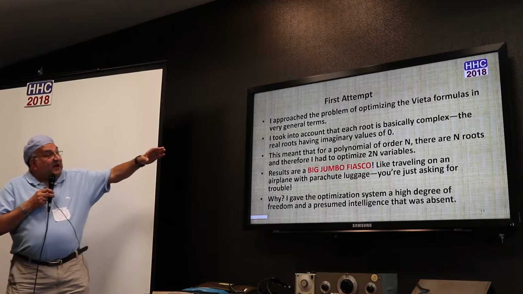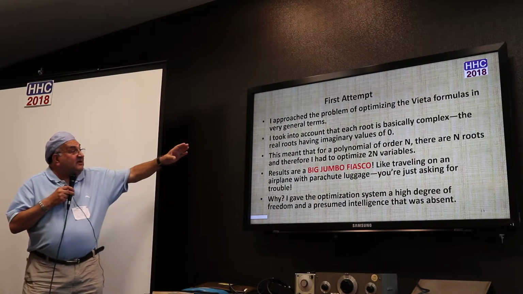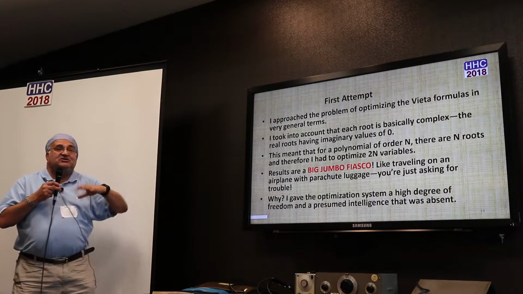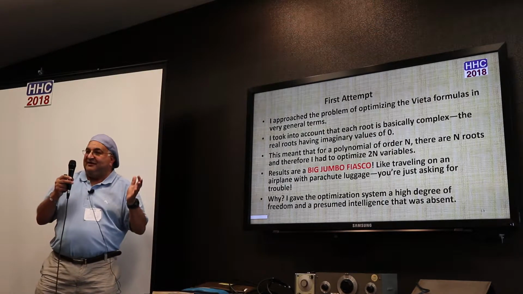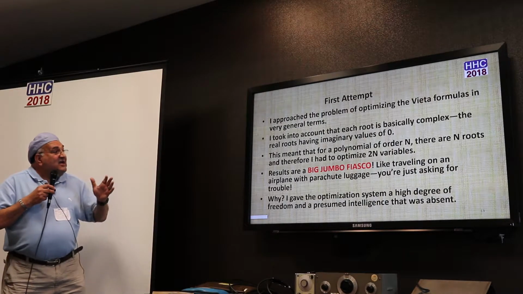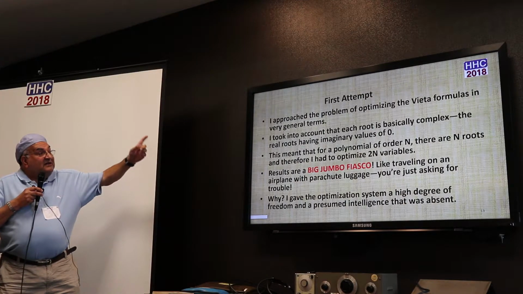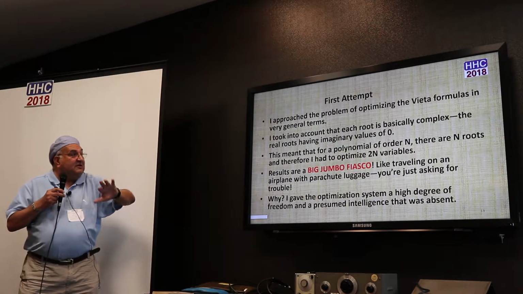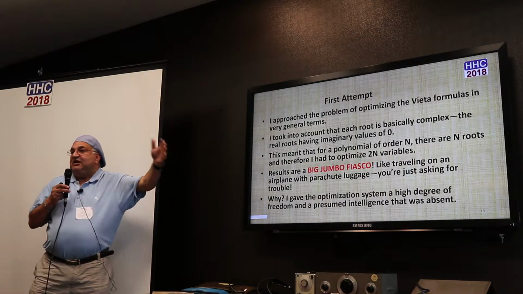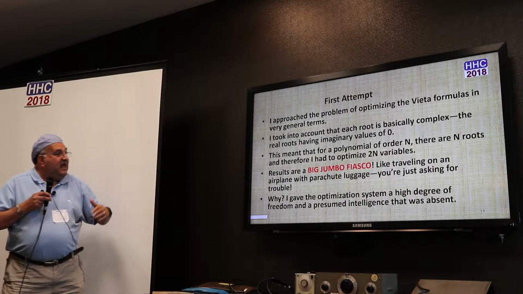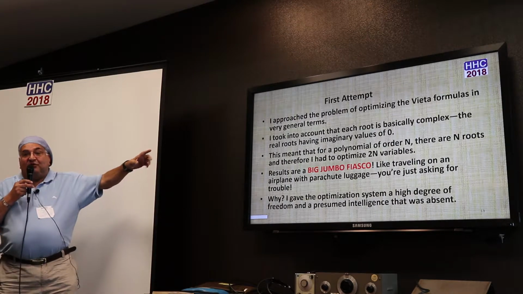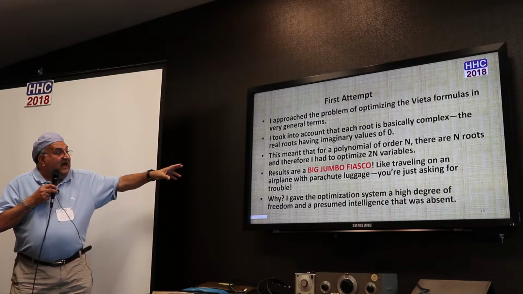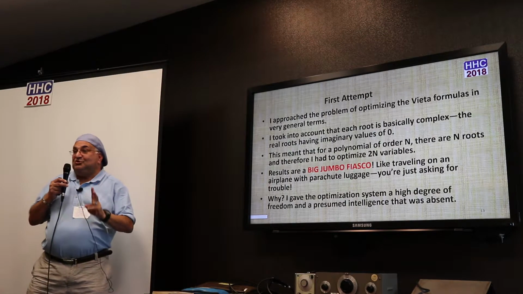So I approached the problem, optimization with the Vieta formulas, in very general terms, kind of casual, cavalier, asking for trouble. I took into account that each root is basically complex. I mean, that's my worst assumption. And if it's a real root, then it'll have an imaginary part of zero. And this meant that for a polynomial of order n, I have to optimize 2n variables.